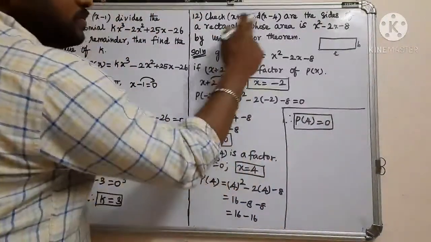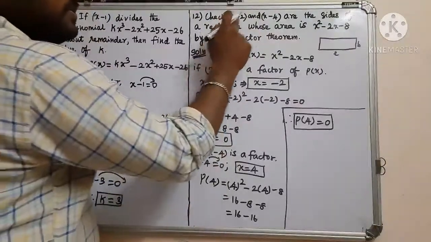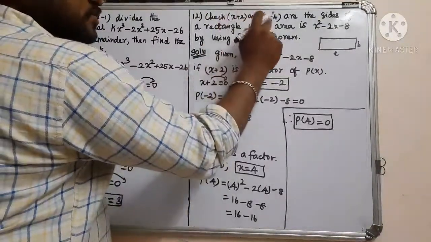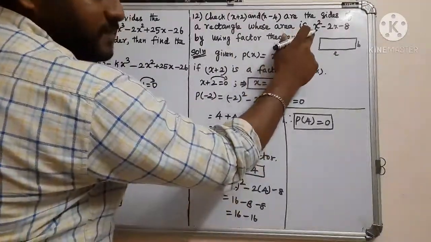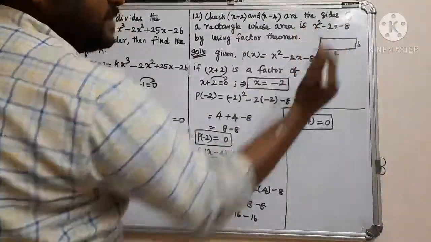So the two polynomials, x plus 2 as well as x minus 4, are factors of the polynomial x square minus 2x minus 8.